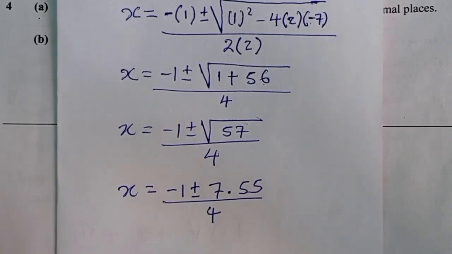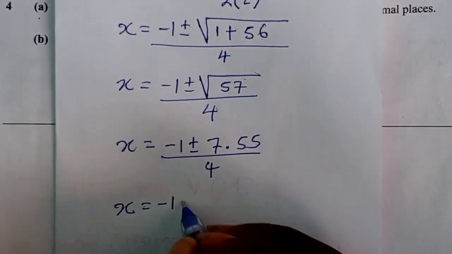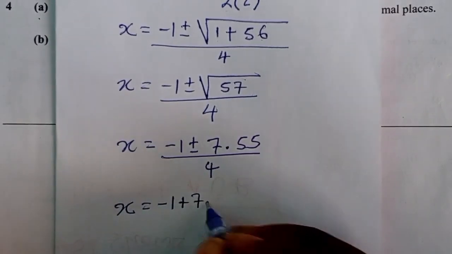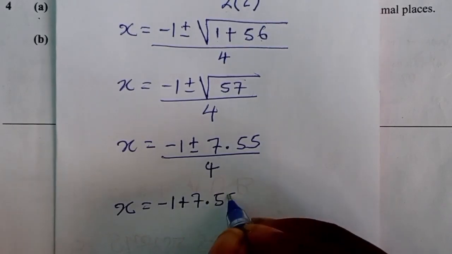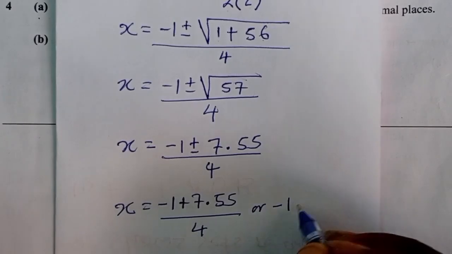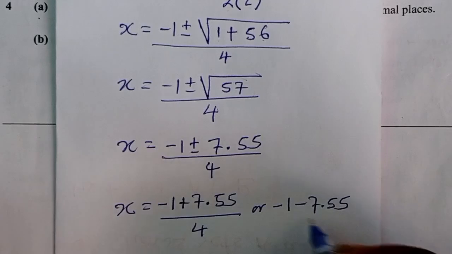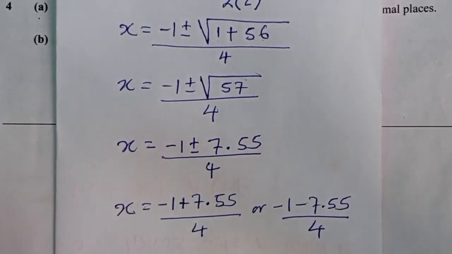We're going to make 2 equations. Equation 1 is x equals negative 1 plus 7.55 over 4, or negative 1 minus 7.55 over 4.